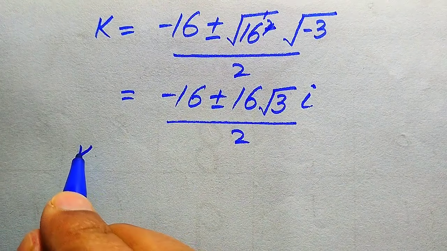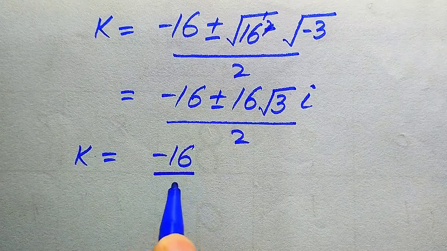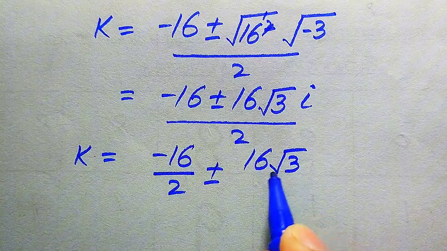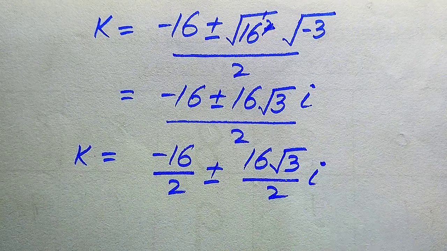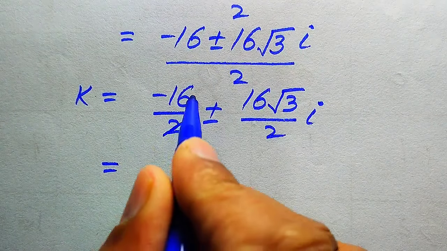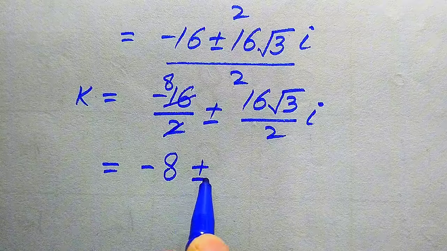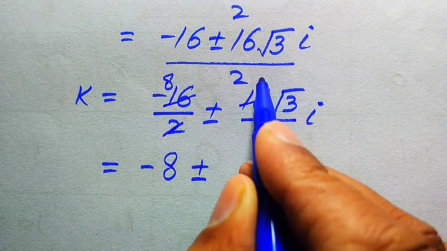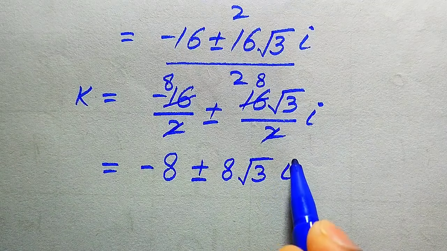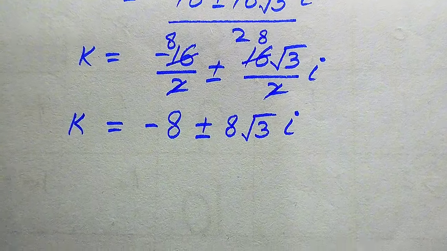Now for the simplified forms of the roots, we need to break this fraction, and it will be written as minus 16 divided by 2 plus minus 16 times square root of 3 divided by 2 into iota. Here we cancel these terms: 2 times 8 becomes 16, and we get minus 8 plus minus 8 times square root of 3 into iota. So these are the other two complex roots of the given equation.